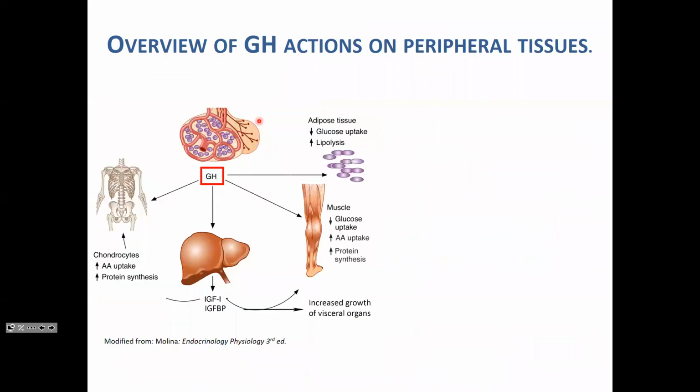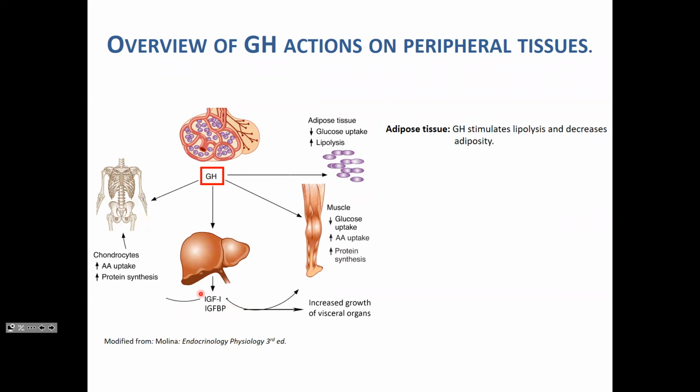All right. So what are the effects of growth hormone? Growth hormone can have direct effects on tissues. It has a direct effect on adipose tissue. It's going to stimulate lipolysis and decrease whole body adiposity. It also has direct effects on the liver. Like I said earlier, it's going to stimulate the production of IGF-1 and the IGF-1 binding protein.